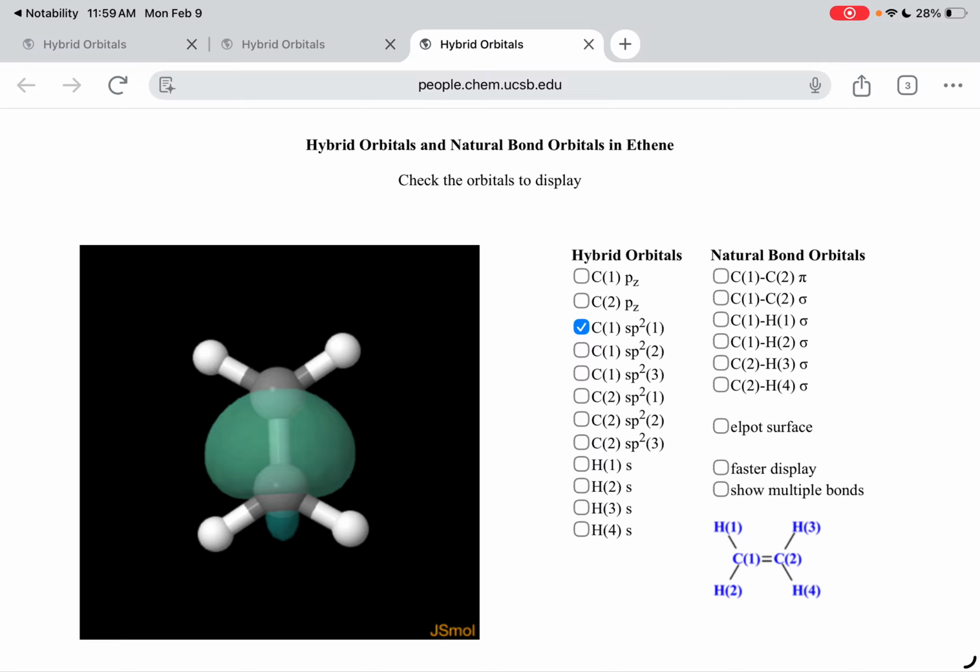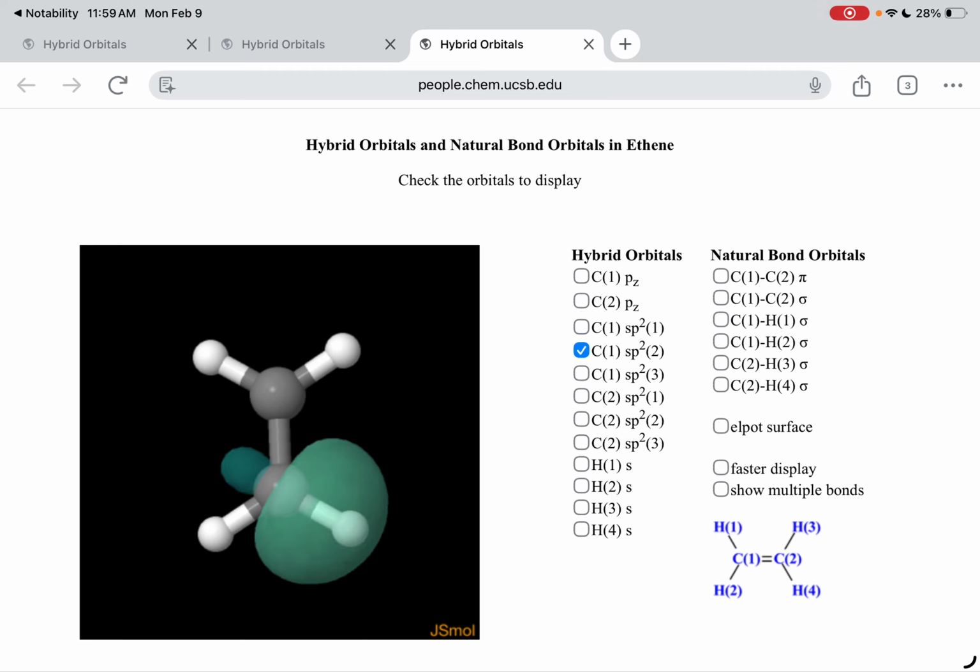It will then overlap with the other carbon's sp2 orbital. Oh, that's not the one I want. This one. And when those overlap, that is a sigma bond between an orbital on the carbon and an orbital on the other carbon. So that is one of the sigma bonds.